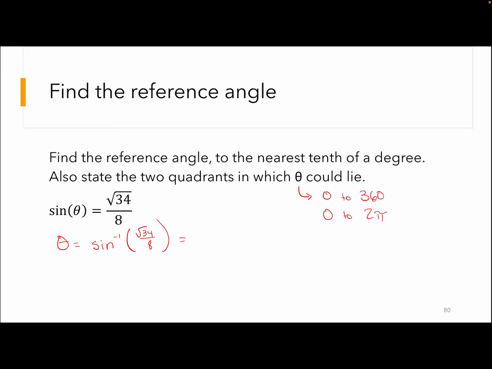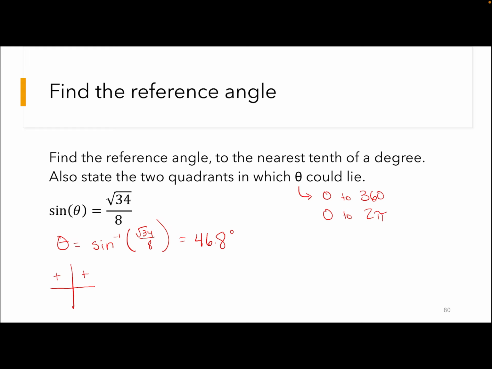Make sure your calculator goes back to degree mode. To the nearest tenth of a degree, I get 46.8 degrees.